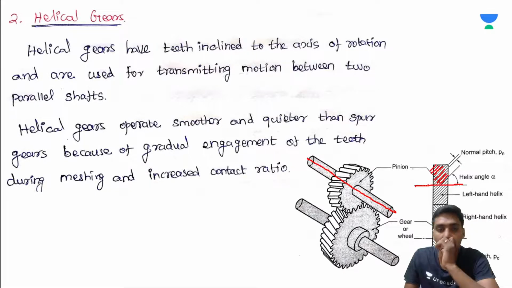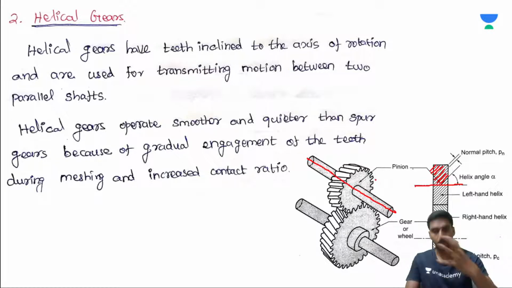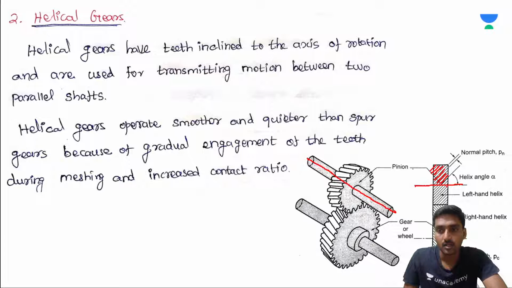Inclined to the axis. The smaller one is always categorized as the pinion. The large one is called the gear or wheel. Now, this is a left-handed helix, and here, a right-handed helix in the mating gears. Left and right. Look at this: two gears are meshing with each other.